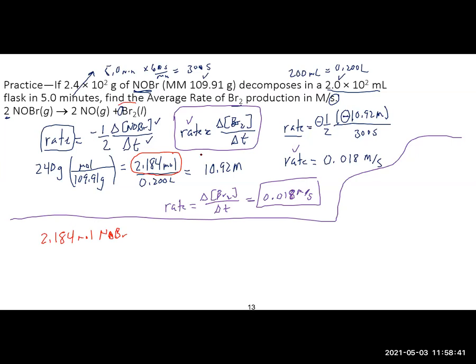If we look at the equation, just like a normal stoichiometry problem, we will see that 2 moles of NOBr equals 1 mole of Br2. So we could really just do a regular stoichiometry problem at this point and go from NOBr to Br2, just like normal, a mole to mole relationship.